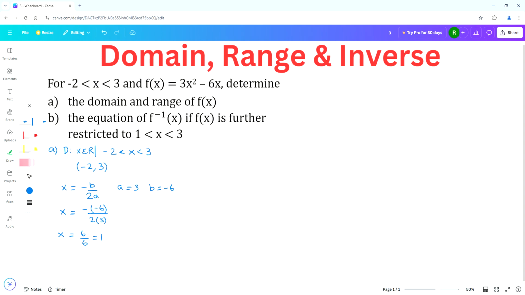Next, we can find the y-coordinate for the vertex by subbing in x as 1 in the given function equation. One squared is 1, 3 times 1 is 3.